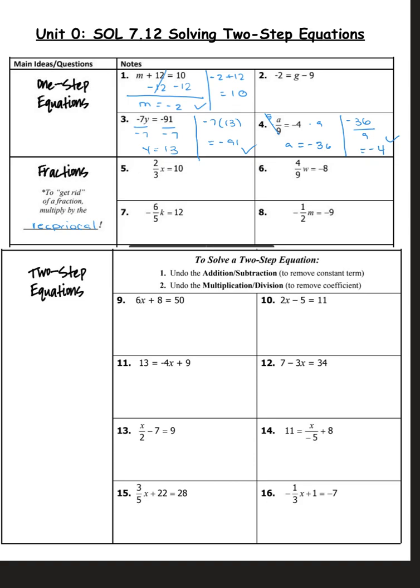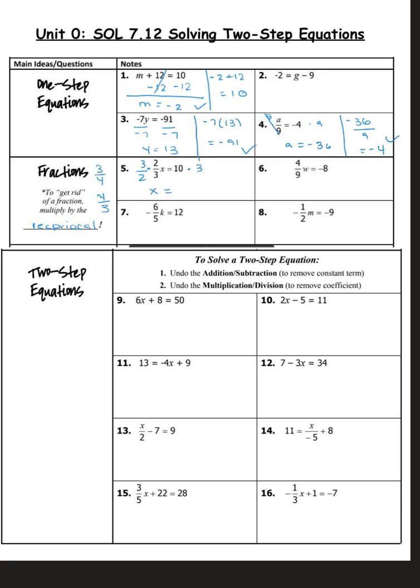So for example, if we had 3 over 4, the reciprocal of 3 over 4 is 4 over 3. All right? So 2 over 3 x is equal to 10. To get rid of that fraction, I'm going to multiply by the reciprocal, so I have 3 over 2. If I multiply these two fractions, I will get 6 over 6, which reduces to 1. So I am just left with x on this side.